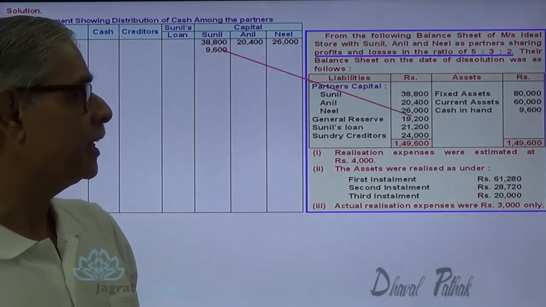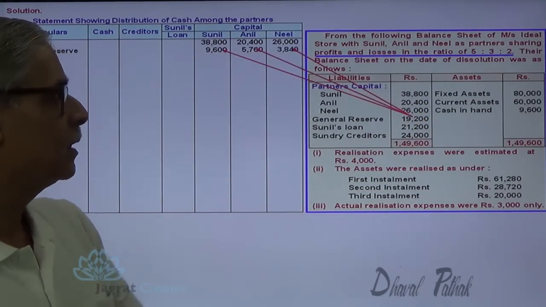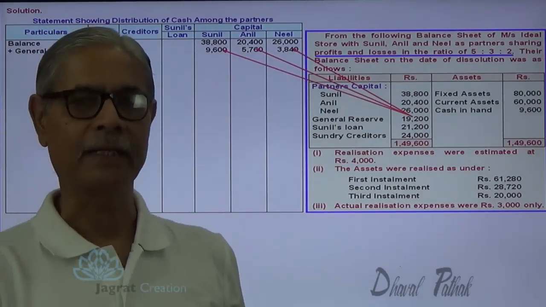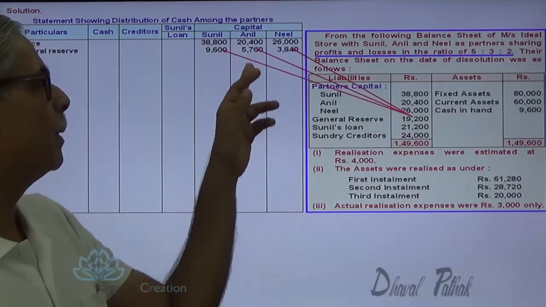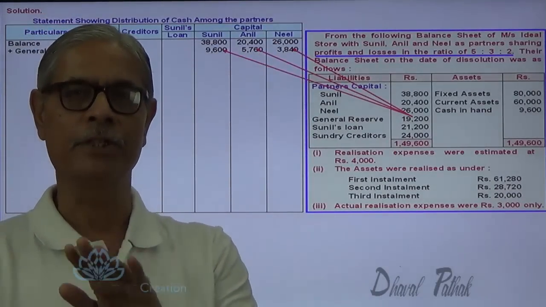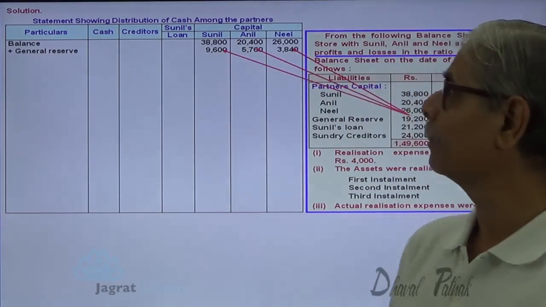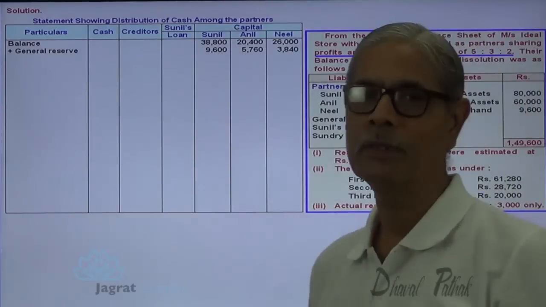Then 3/10 of 19,200 and 2/10 of 19,200 will be 5,760 and 3,840. This general reserve is distributed amongst partners in the ratio of profit sharing, so total capital payable to them will be the total of these things.